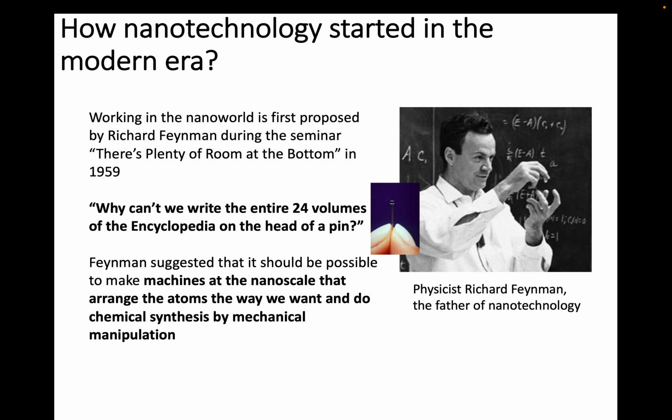Obviously this is so tiny, and how can you write all the information on the head of a pin? He also suggested that it should be possible to make machines at the nanoscale that arrange the atoms the way we want and do chemical synthesis by mechanical manipulation.